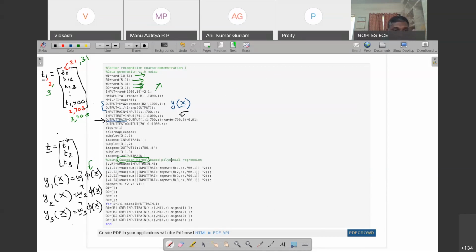You see that the function GBF was already written. That is going to take the input data, and we need the mean. We are using the basis functions phi naught, phi 1, phi 2, and phi 3. Phi naught of x is treated as 1 here, and then phi 1 of x is the Gaussian function.